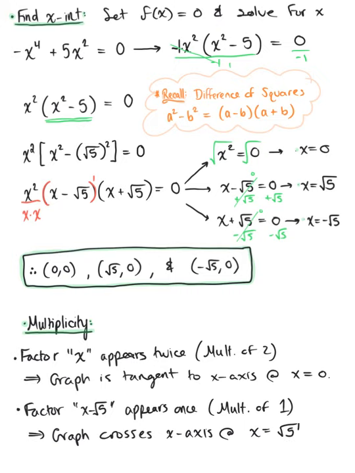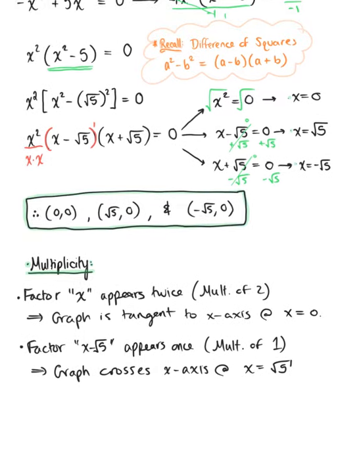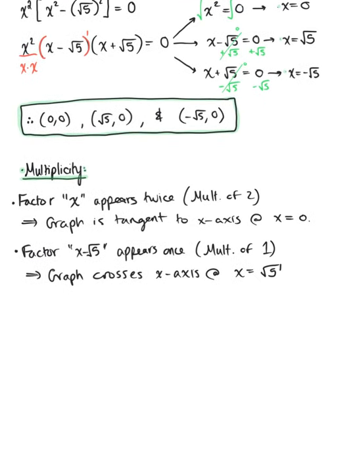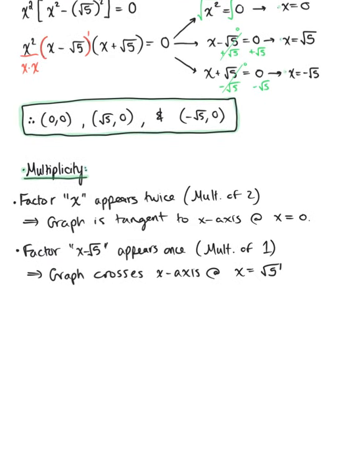Now our third and final factor is x plus the square root of 5. So looking back up at the fully factored version again, we can see that we have the factor x plus the square root of 5 appearing 1 time. So we have the same conclusion that we had above.